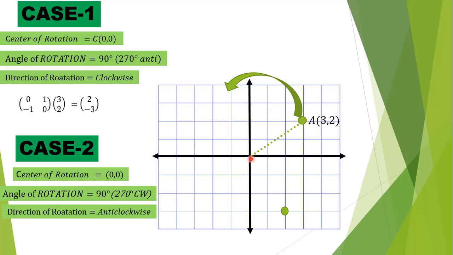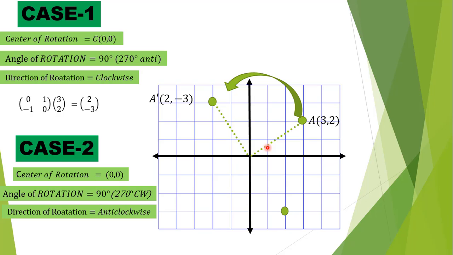Your image of A in an anti-clockwise direction should be at the same distance from the center, and the line joining the image with the center, which is going to be this one, makes an angle of 90 degrees with this line. See students, the angle between this line and this line is going to be 90 degrees, and the image of A will lie somewhere over here, whose coordinates are -2, 3.